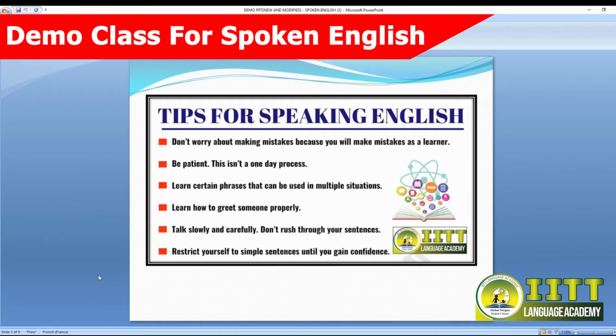This is one very workable tip for a new learner in any language. Talk slowly. Talk slowly and carefully. If I am talking with a rush and with speed, that doesn't mean that I know the language pretty well.